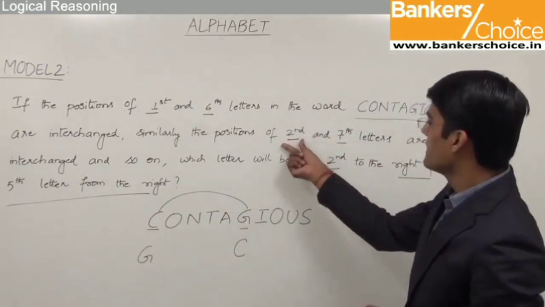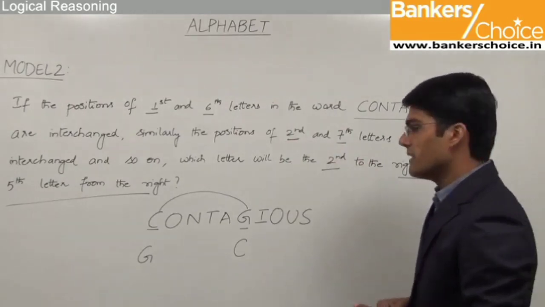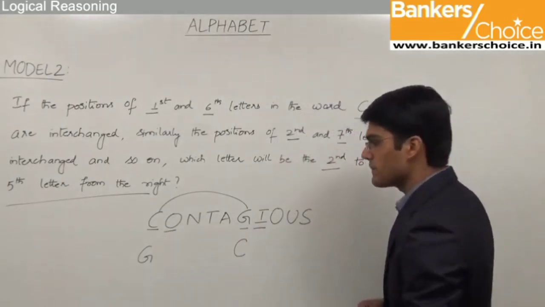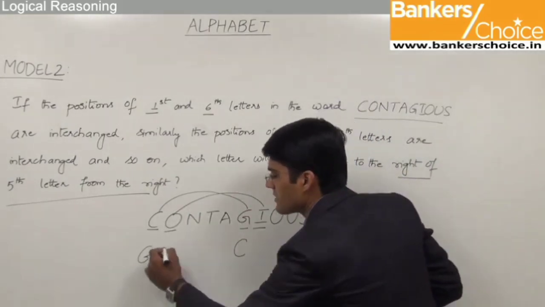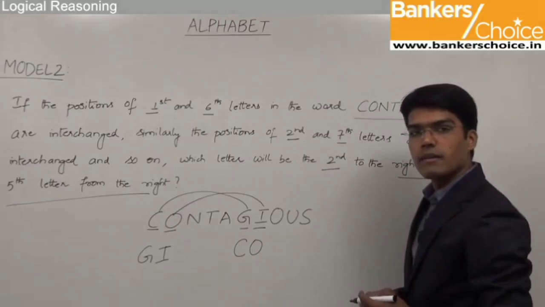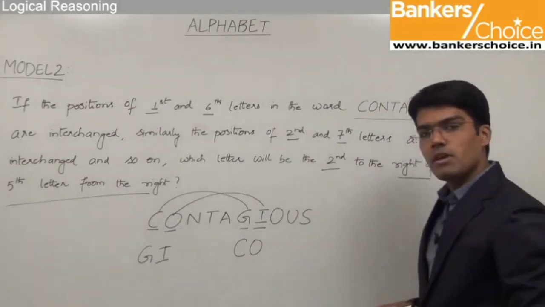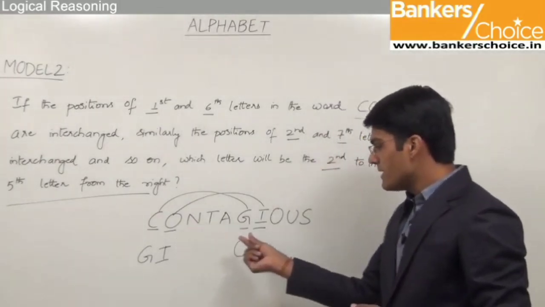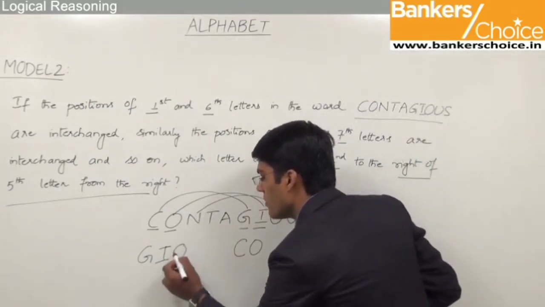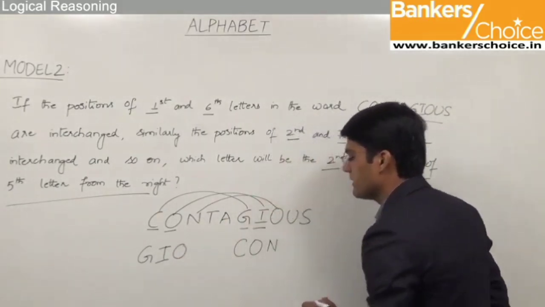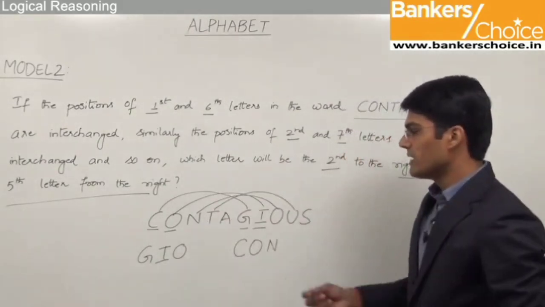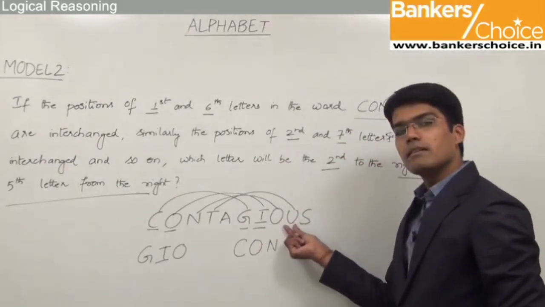Then the second letter is interchanged with the seventh letter. So second letter is O, that is interchanged with the seventh letter I. So O and I gets interchanged. So I comes in place of O and O goes to the place of I. And likewise, if we continue the pattern, the third letter should be interchanged with the eighth letter. So by interchanging N and O, we get O in place of N and N in place of O. And T should be interchanged with U, that is fourth letter with the ninth letter.